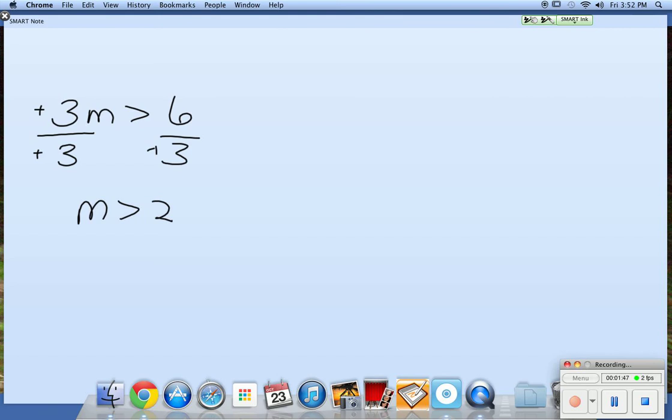But the difference comes in when we start working with negatives. Negative 3m is greater than 6, and we divide both sides by a negative number. What happens then is it switches our sign. m is less than negative 2.